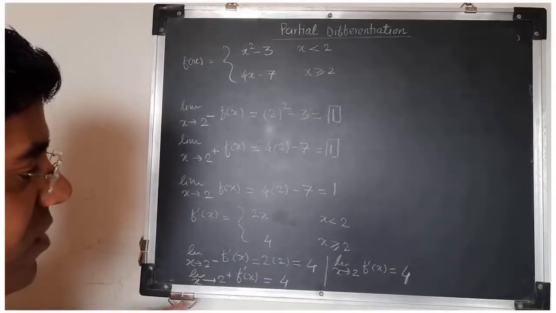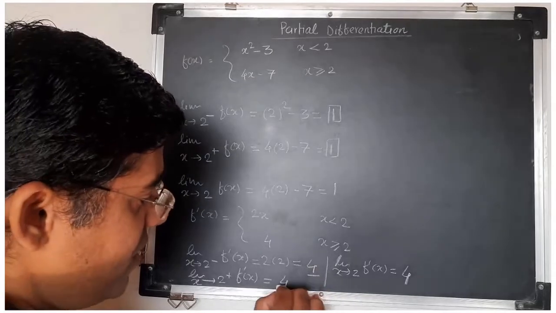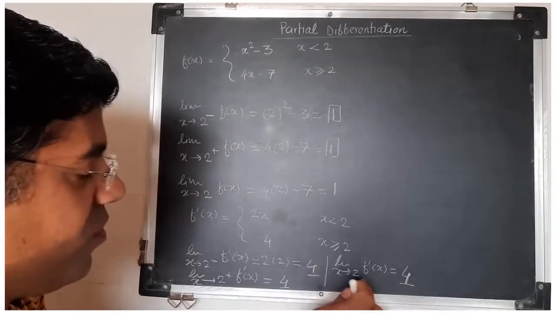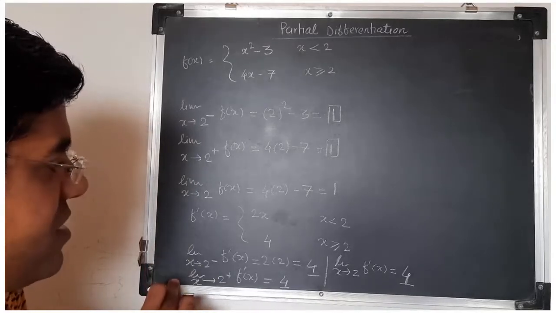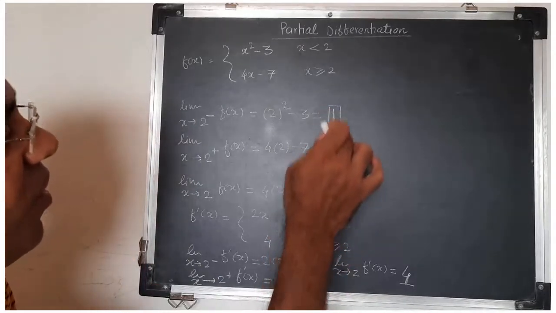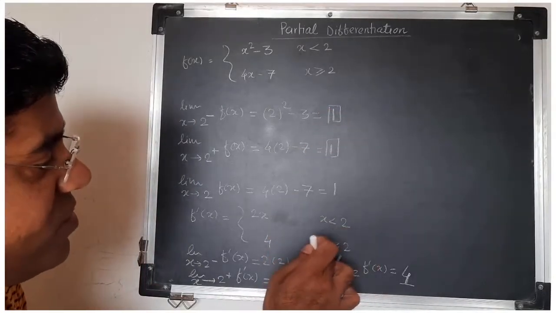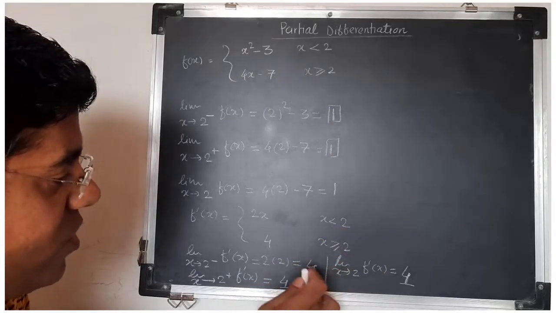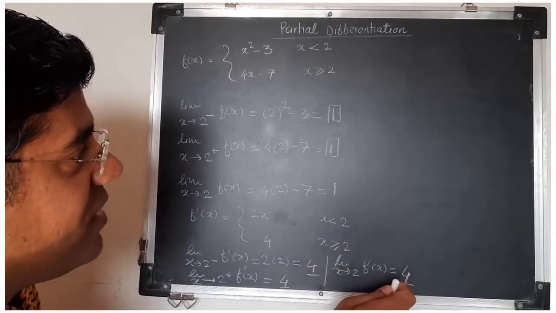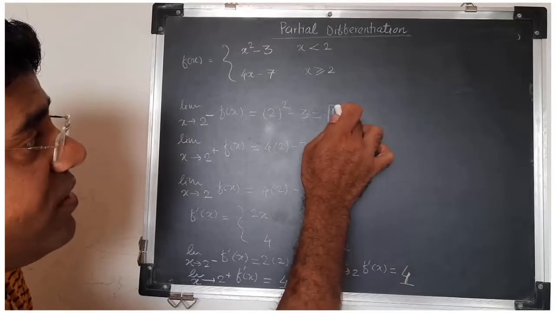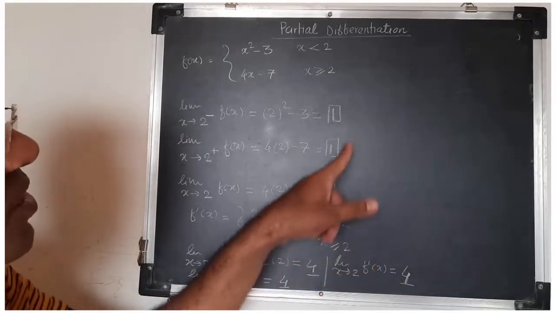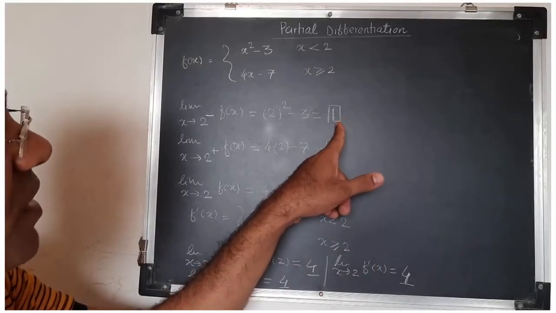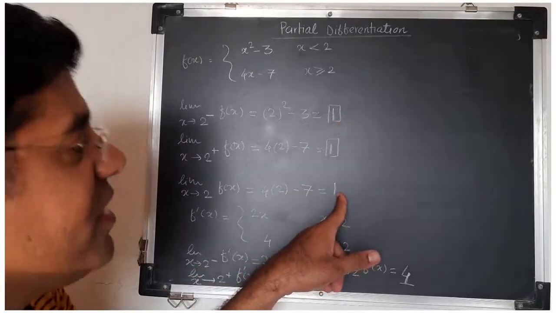Now see, this is also continuous, meaning the derivative has a constant value, and when you take the limit, the limit is the same for all the conditions: x less than 2, greater than 2, equal to 2. So 4, 4, 4, so we can say continuous. Suppose here the limit is not continuous, meaning these values are different. Suppose here you get one value and here you get something different, just like two values.